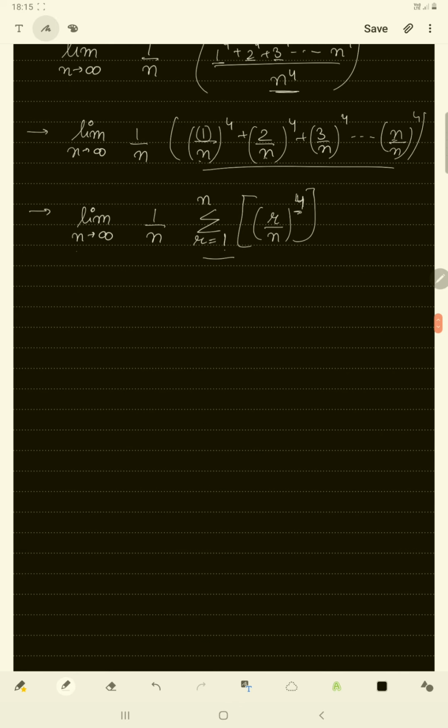Now if we need to convert this into the definite integration sign, we have taught this to you in the previous video. Let's put the limits at the end; I'm just going to leave boxes over here. Now 1 by n can be replaced by dx, the r by n can be replaced by x, and the function remains the same, which is to the power 4.